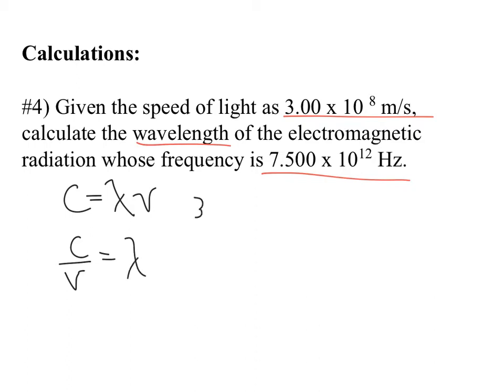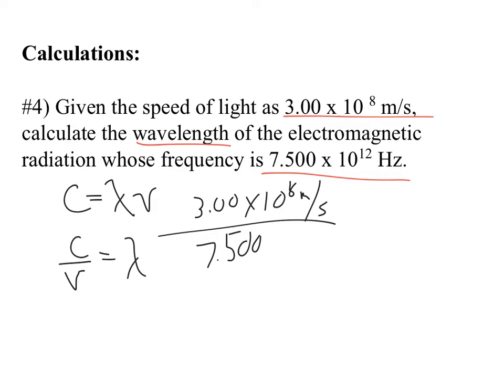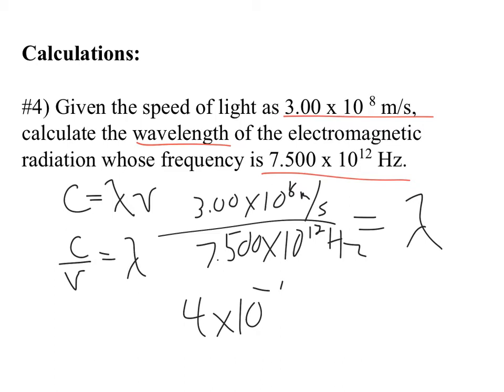So we're going to plug in 3.00 times 10 to the 8th meters per second divided by 7.500 times 10 to the 12th hertz equals the wavelength, or the wavelength equals 4 times 10 to the negative 5th meters.